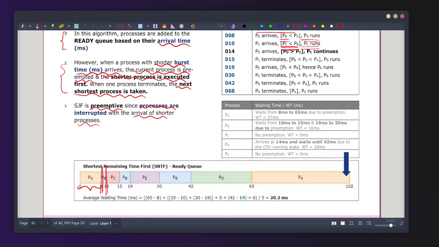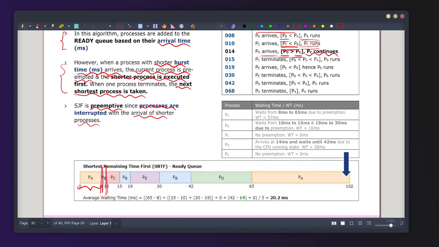Now, while process C is running, which takes 5 milliseconds of burst time, process D arrives at 14 milliseconds. Technically, should process C preempt itself? Does that happen? Process D is actually longer in burst time than process C. So process C will continue because it's shorter than process D, and process D will wait.